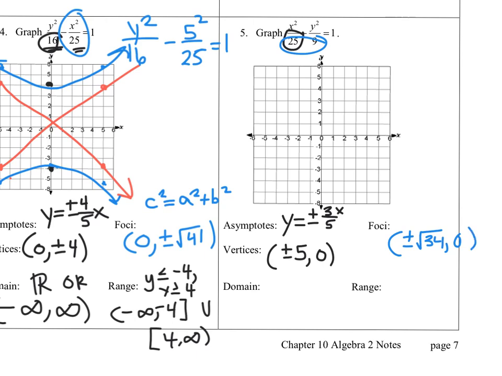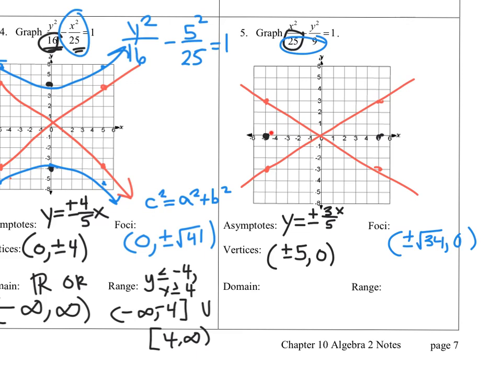So if I start graphing this, I have vertices on the x-axis because it's going side to side. My asymptotes are up 3, left 5. Okay, so it looks like this. And then I want to get more points on this hyperbola.